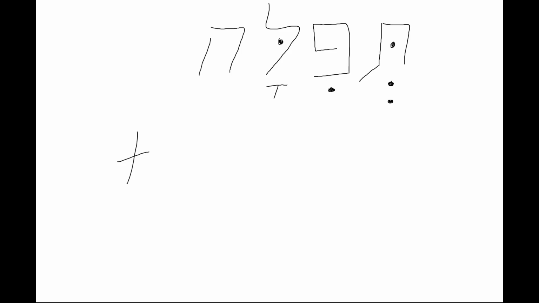And then we'll use an apostrophe for the schwa. And then the fe we'll use an F. And then the hirek, the one dot under the fe, we'll use an I because that's your hirek, right?